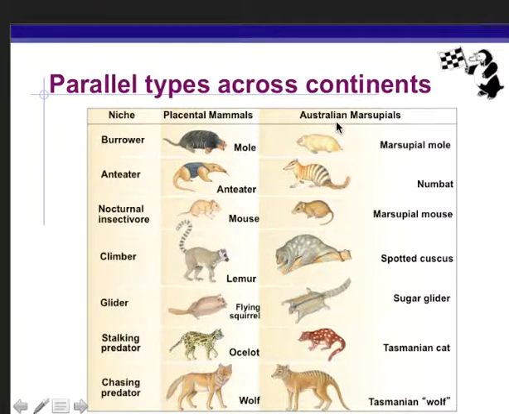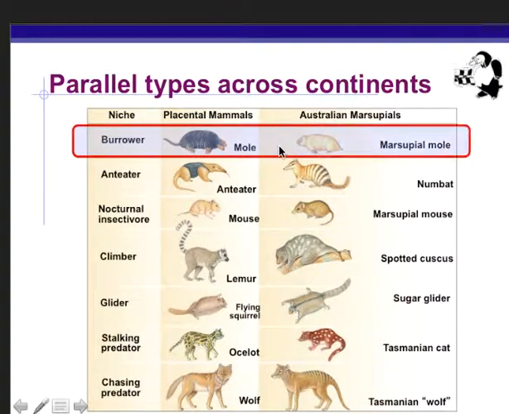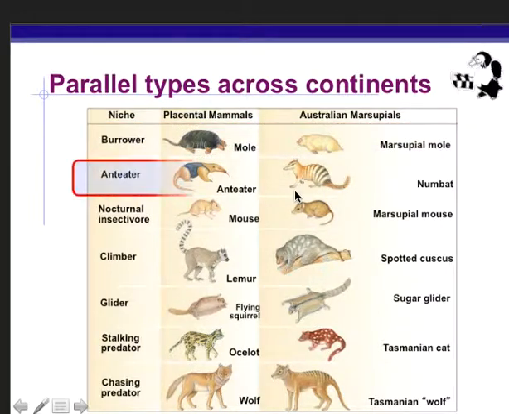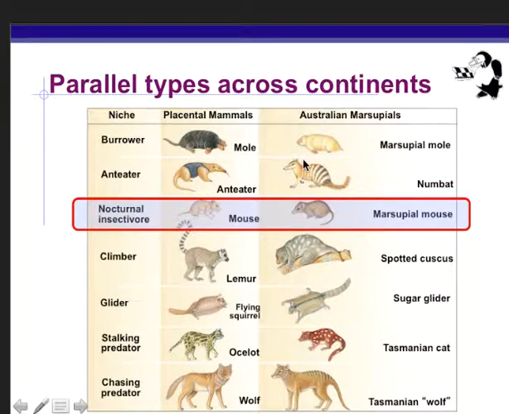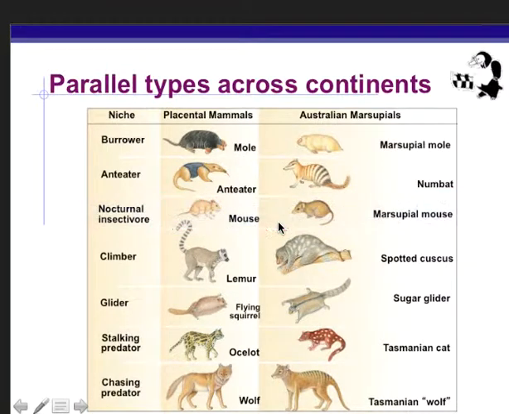They're more closely related to each other vertically here than they are horizontally. You've got two different types of moles, and they're called mole not because they're related closely, but because they fulfill similar roles in their environment. The anteater versus the numbat, and the nocturnal insectivores, which are the mouse versus the marsupial mouse, and they tend to look a lot alike, but again, more closely related vertically than horizontally.